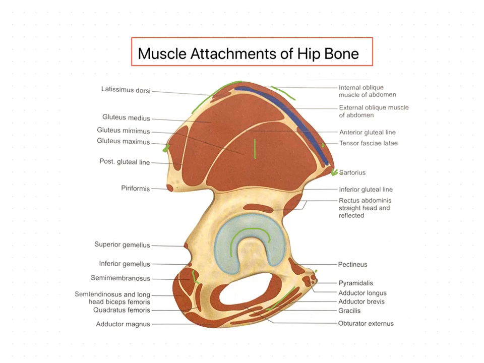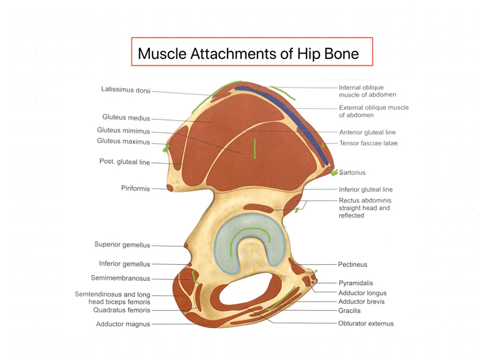And on the anterior aspect, up to the acetabulum, the anterior border will continue. On the anterior border you will find the anterior inferior iliac spine. So this is about the ilium parts.